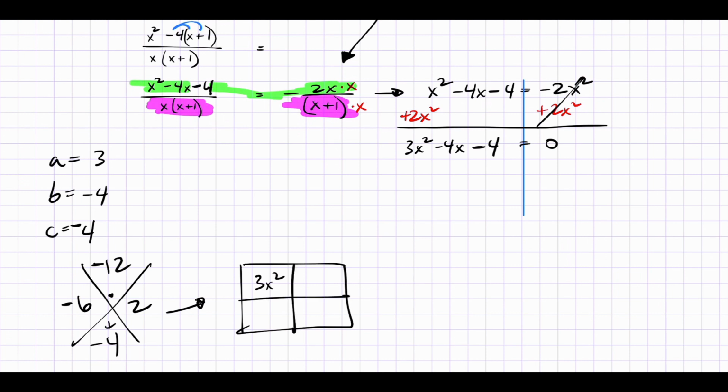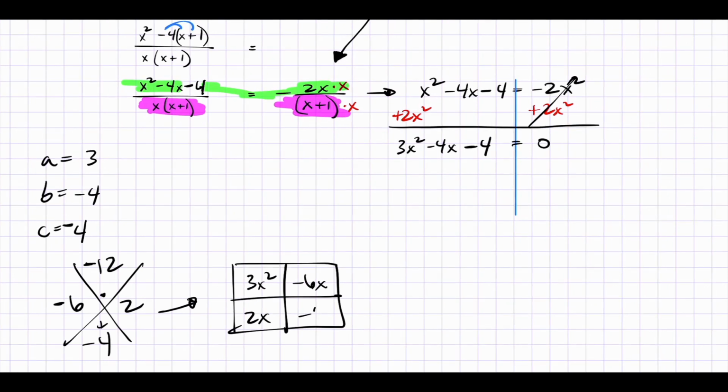So we get 3x squared minus 6x positive 2x minus 4. Minus 2 plus 2.